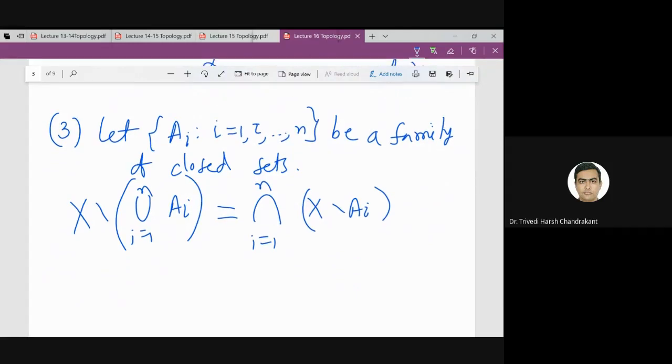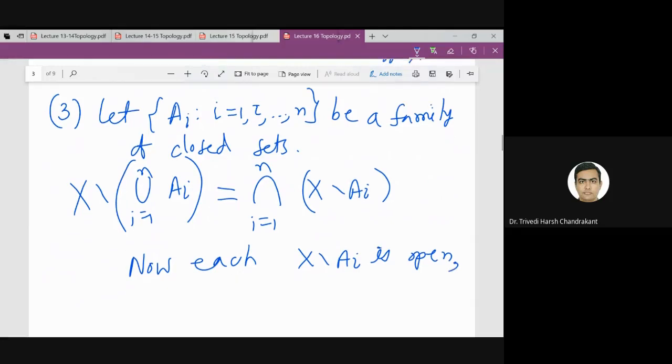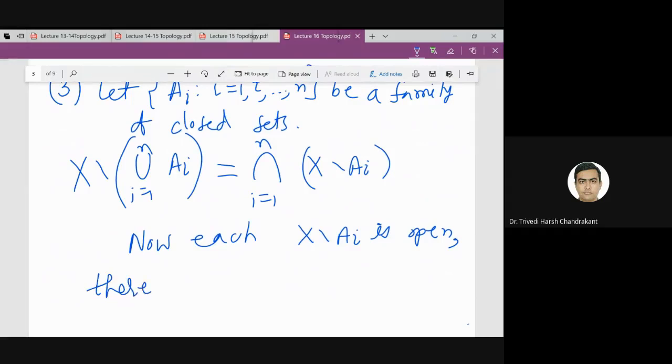We know each X minus A_i is open because each A_i is closed, so its complement is open. Each of these is open, and we know a finite intersection of open sets is open.